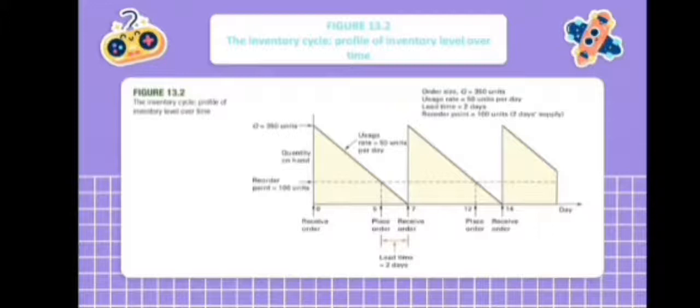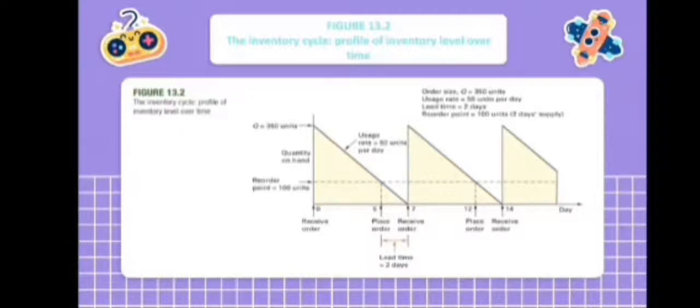Inventory ordering and usage occur in cycles. Figure 13.2 illustrates several inventory cycles. A cycle begins with receipt of an order of Q units, which are withdrawn at a constant rate over time.